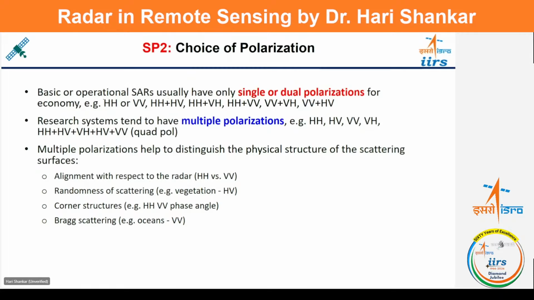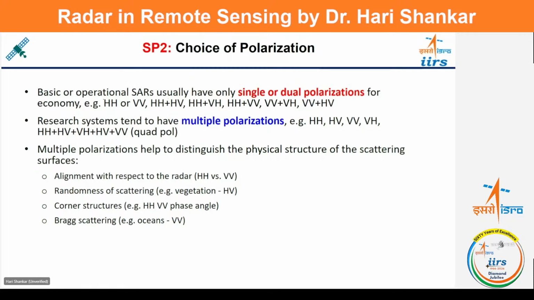But this reference is not there with the satellite. If a signal is coming from the satellite, we are confused about which plane we should consider as a reference, so that we can decide whether the signal is horizontally polarized or vertically polarized.